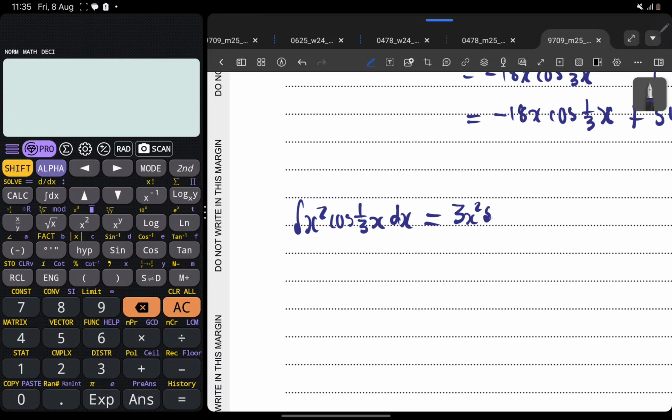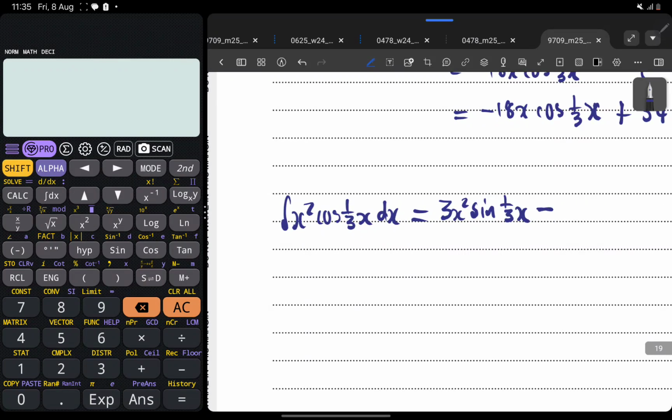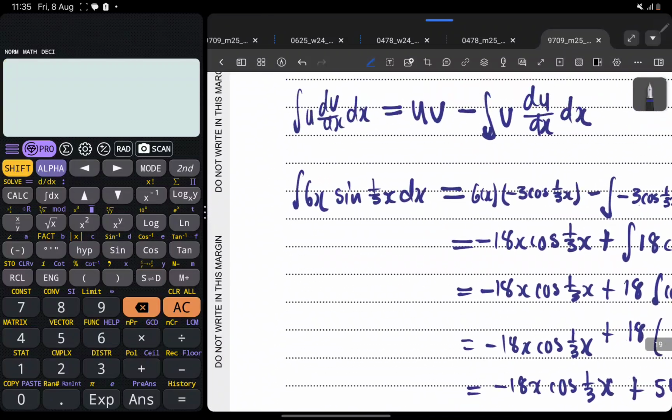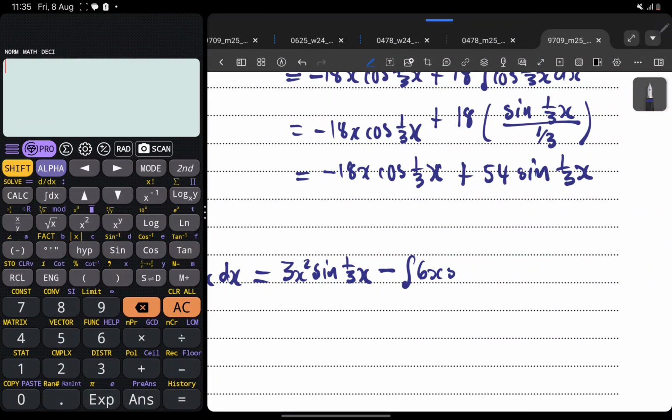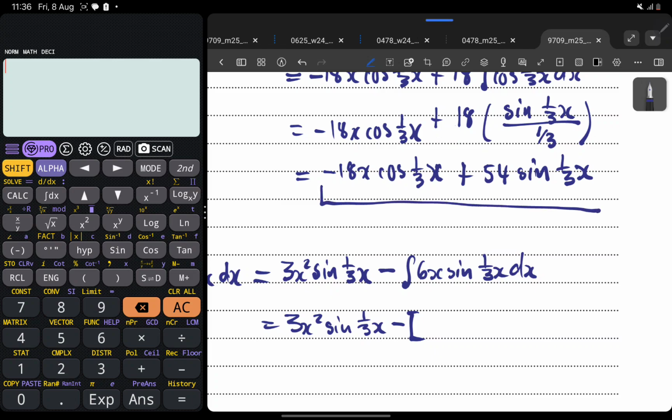So it is 3x squared sine 1/3 x minus the integral of this one, which we have done, 6x sine 1/3 x with respect to x. So this is equal to 3x squared sine 1/3 x minus, you open your bracket. The integral is this whole solution.